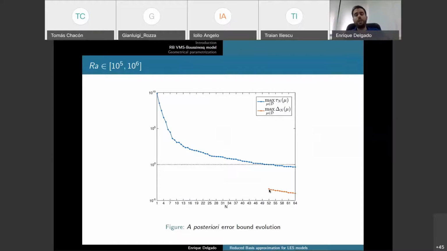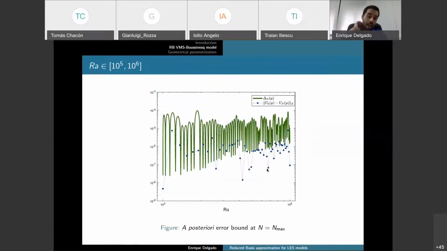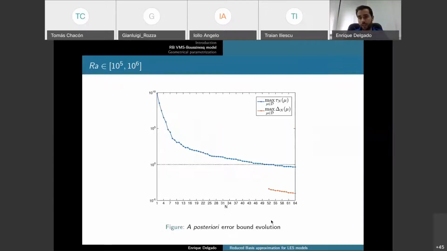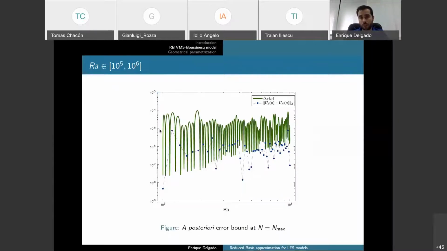So we need about 52 bases to get tau lower than 1. And here I show you the a posteriori error bound and the error when we have 64 bases. As we expected, the error is below the a posteriori error bound.